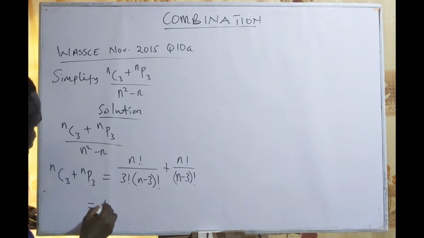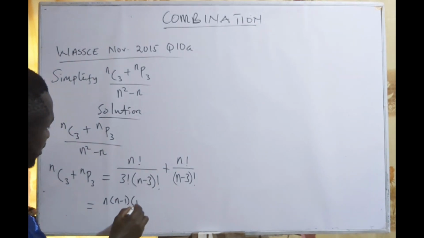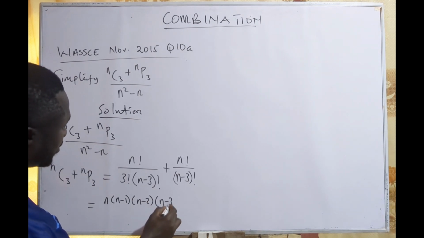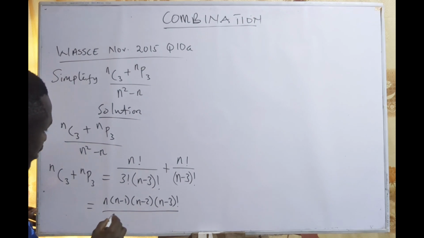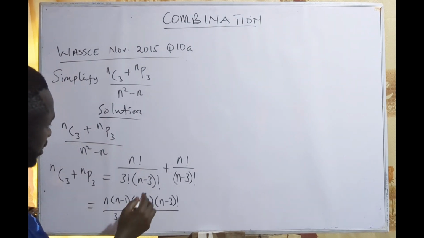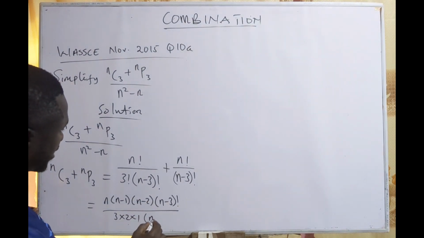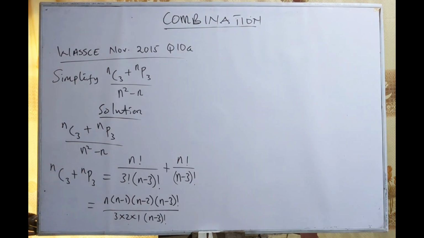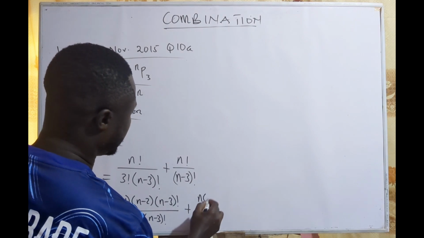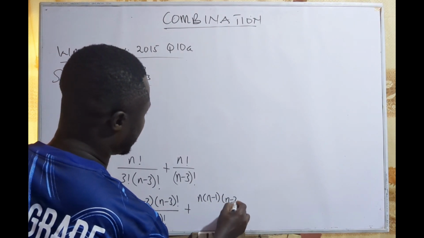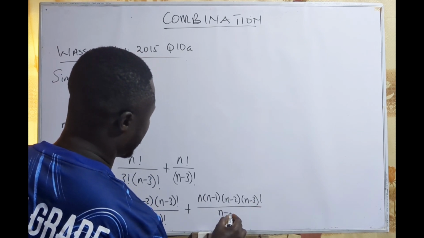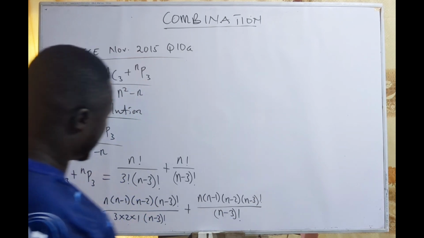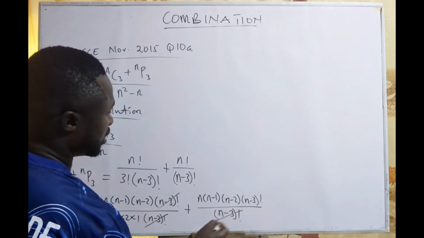So we are going to have n multiplied by n minus 1, n minus 2, n minus 3 all factorial divided by 3 factorial, which will give us 3 times 2 times 1, and then multiply n minus 3 all factorial, plus n minus 1, n minus 2, n minus 3 factorial all divided by n minus 3 all factorial. So this one will cancel this, this one will cancel this.